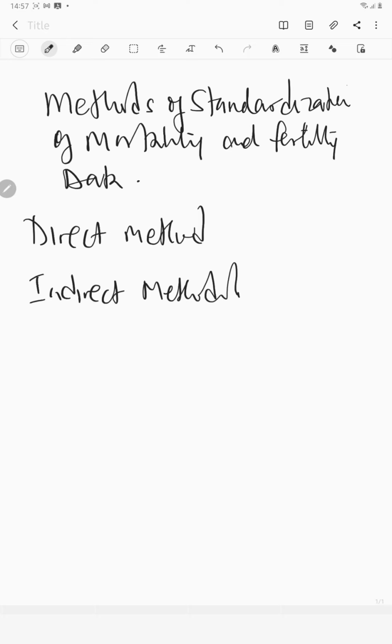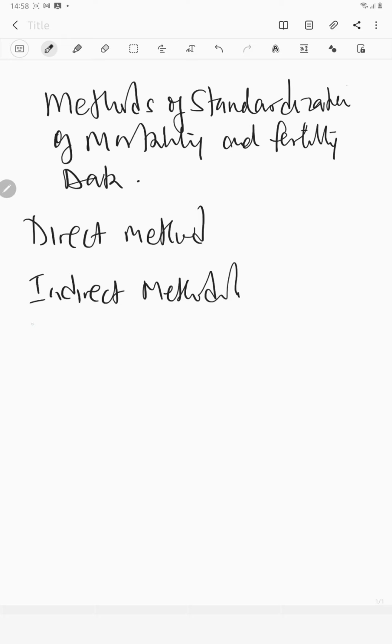Normally there is a small streamline in these two methods. What is required is for us to understand the approach adopted to this.